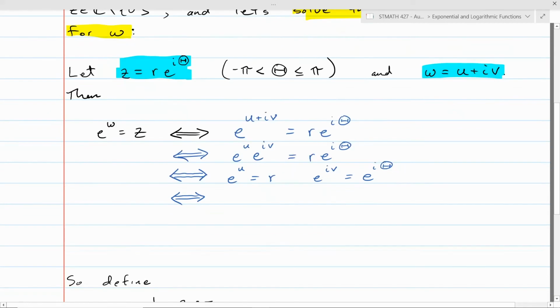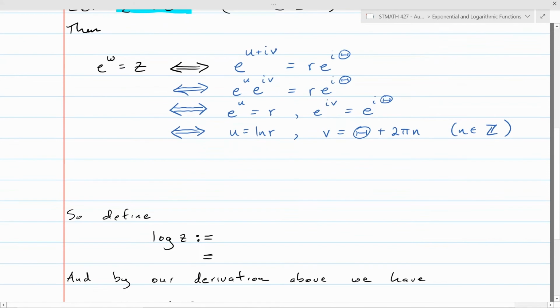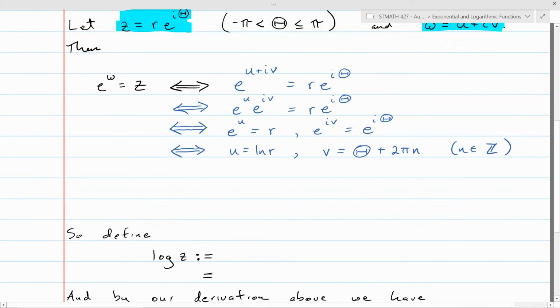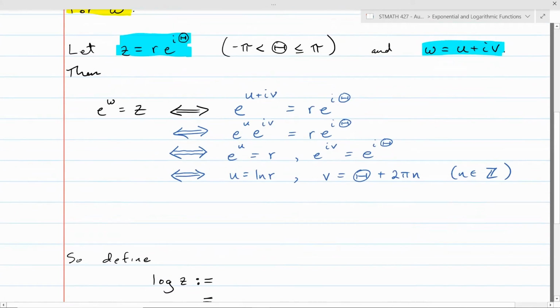So then that first equation tells us that u has to be the natural log of r, just the regular old real number natural log. And we know that if e to the iv equals e to the i theta, the difference between those two angles, v and theta, has to just be some multiple of 2 pi. So we know that v has to be this theta plus 2 pi n, where n is just an integer. So we got our w there. So w is the logarithm that we're looking for.